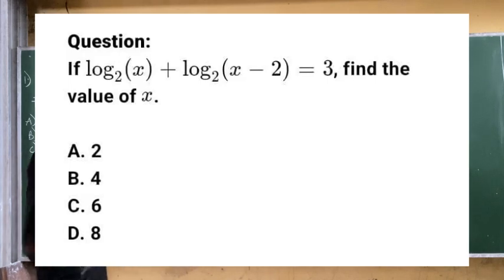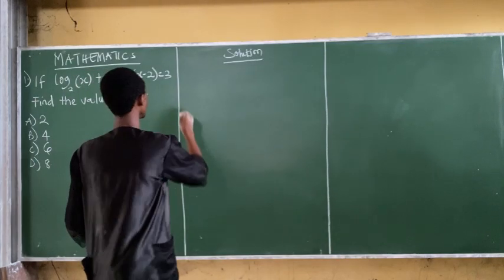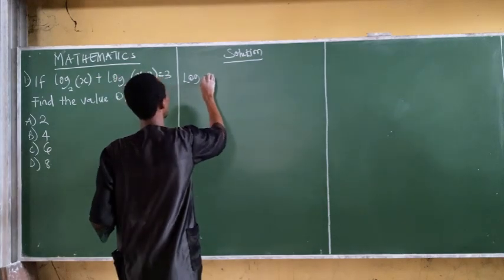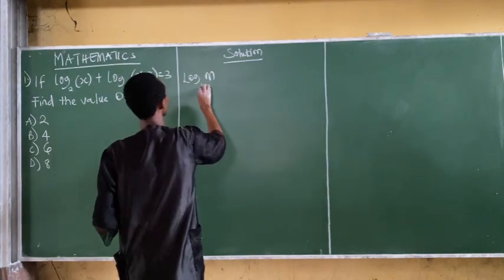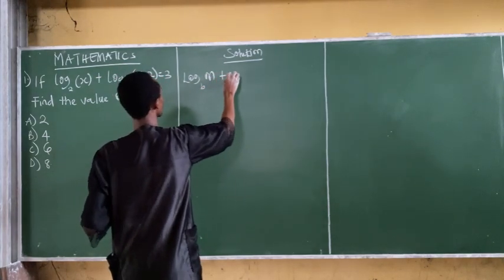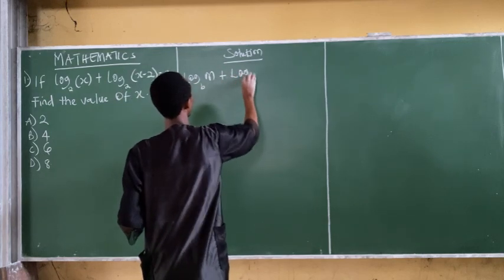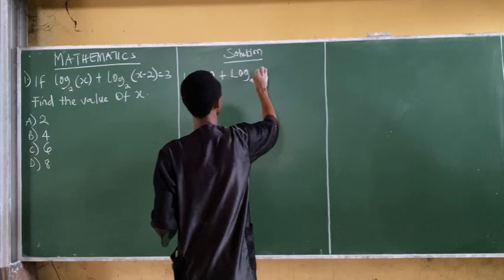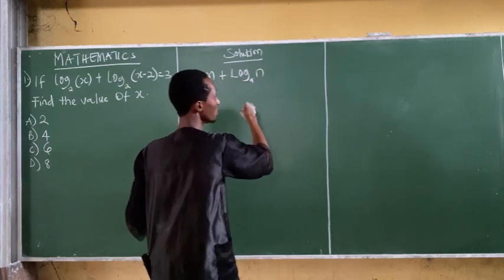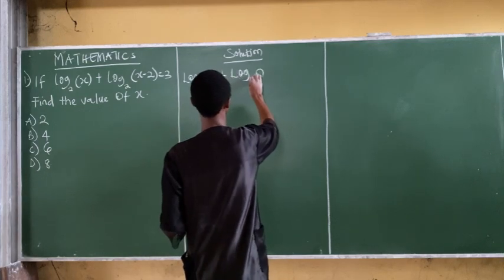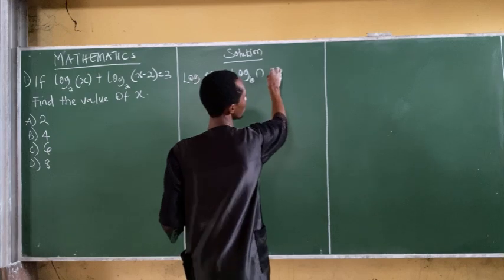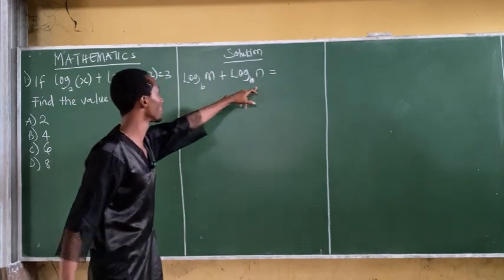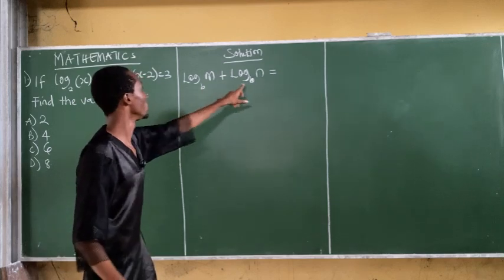Now, recall the law of logarithms that says log m to base b plus log n to base b is equal to, if you observe, they have the same base b.